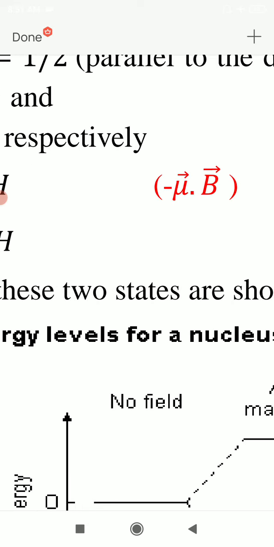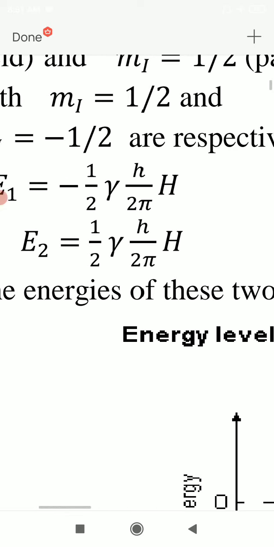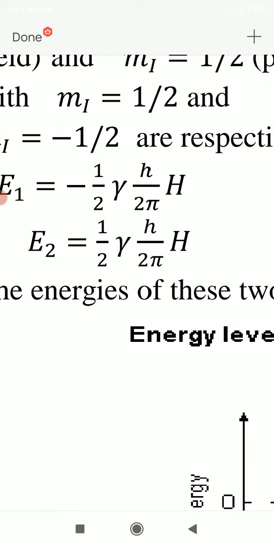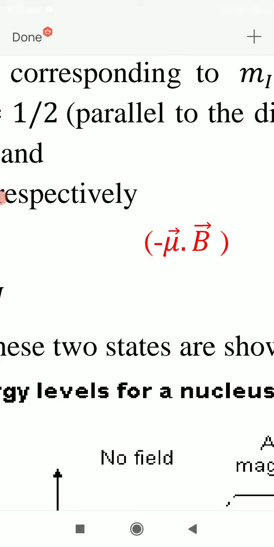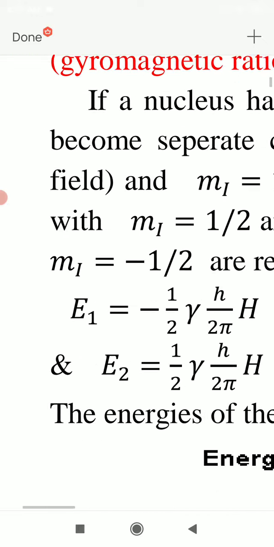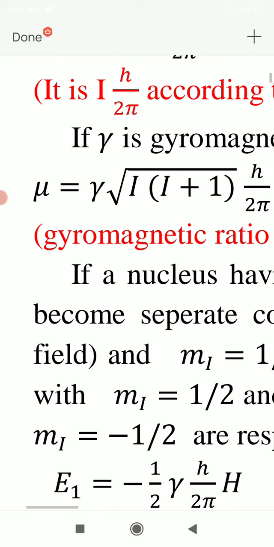Formula for energy is minus mu dot B. For B vector magnetic field we write here H. Value of mu is substituted from this formula.